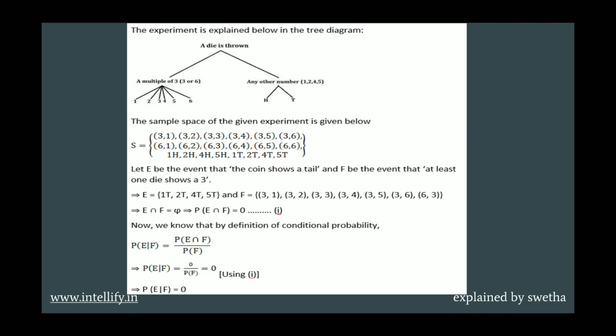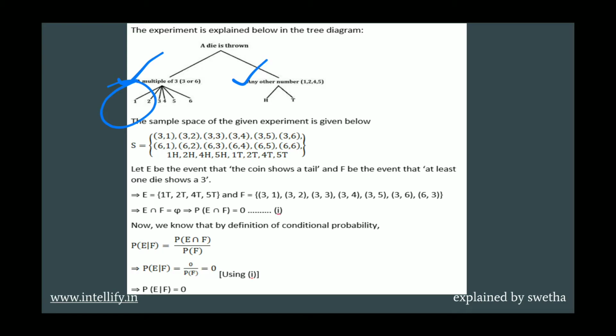This sample space consists of total chances whenever a multiple of 3 comes or any other number comes. In the first case, whenever we get a multiple of 3, the die is thrown once again.